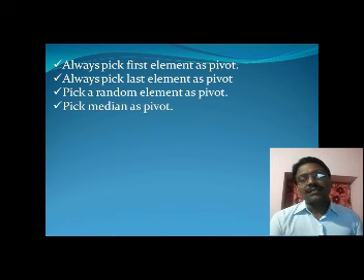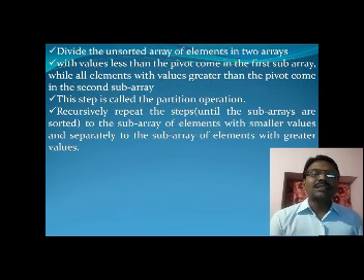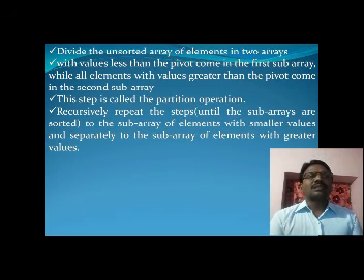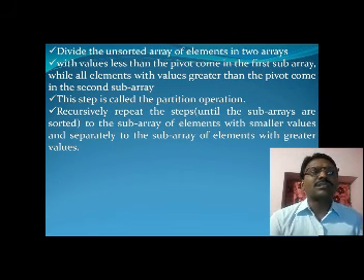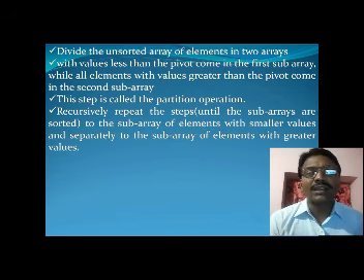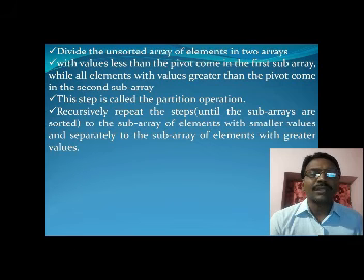Based on this picked pivot element, the unsorted array is divided into two parts. The elements less than the pivot element form one subarray, and the elements greater than the pivot element form another subarray.